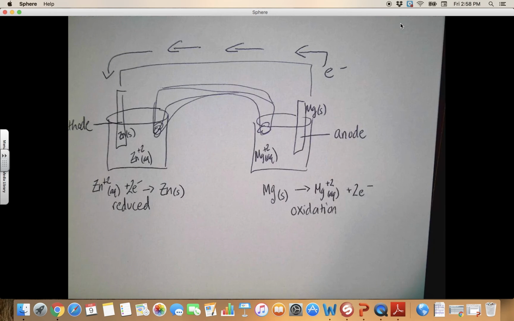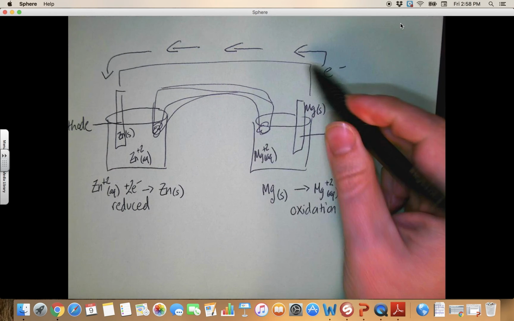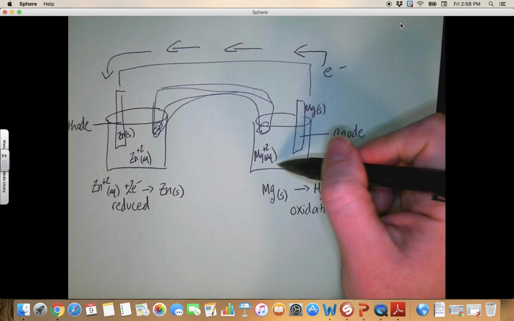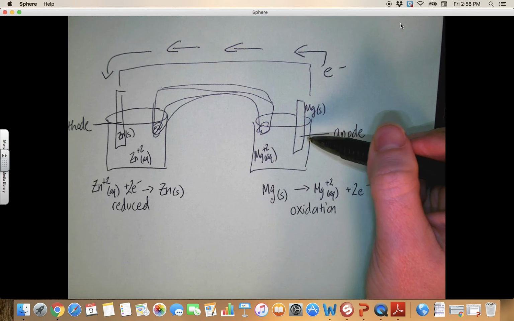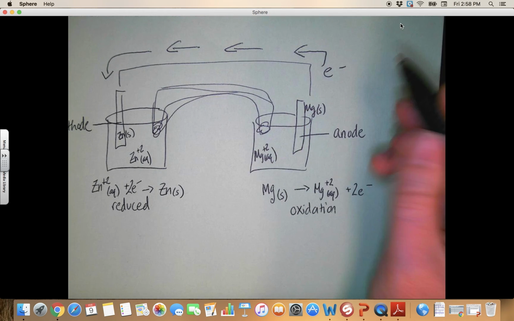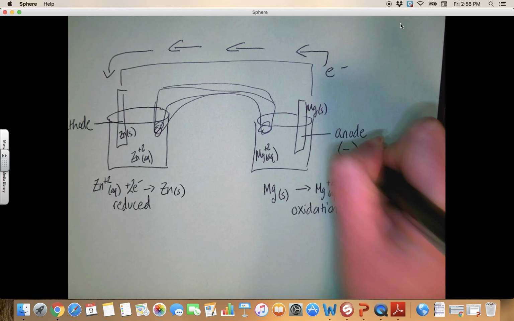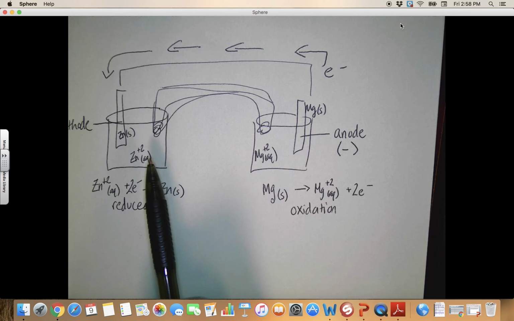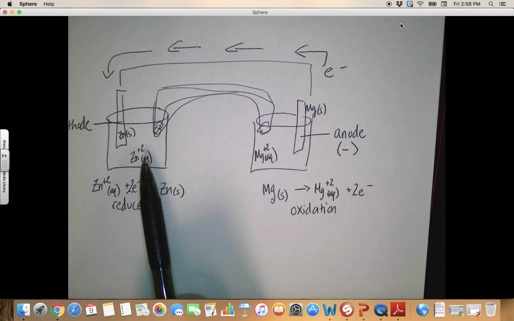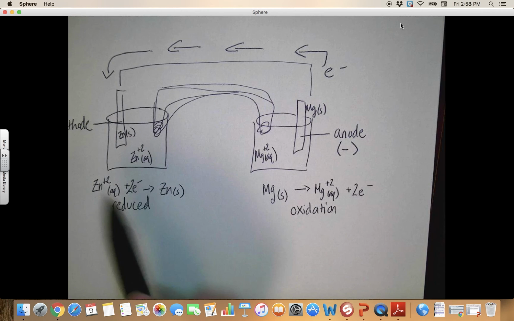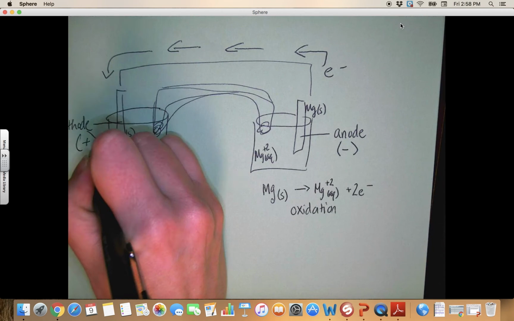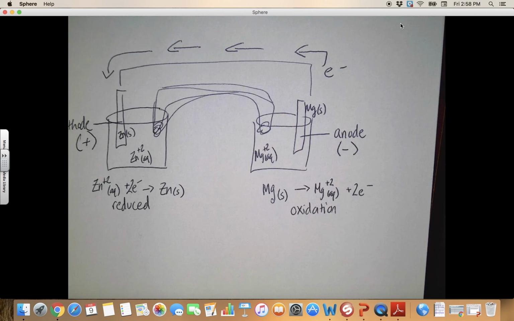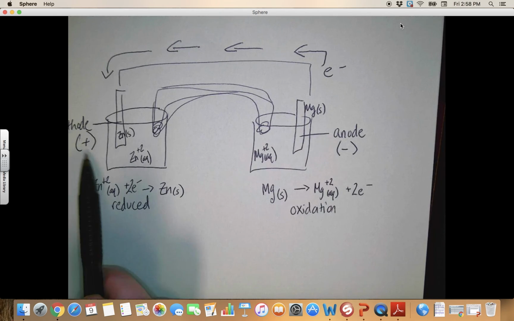Let me back up. This electrode, the anode, having electrons in it as the atoms are leaving and going into solution, is going to be negative. Not that it actually has a negative charge, but relative to everything, it's negative. Meanwhile, we've got zinc ions hopping onto our cathode, giving it a relative positive charge. So in a voltaic cell, the anode is negative and the cathode, with a little t in it, is positive.